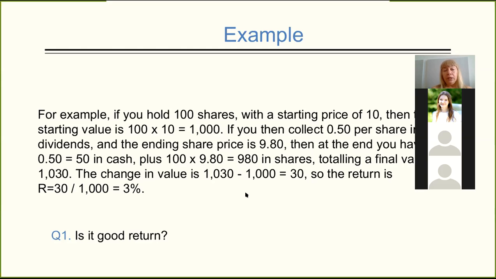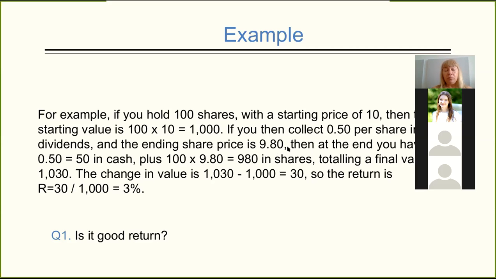If you then collect 0.5 per share as a dividend, and the ending share price is, for example, 9.80. Why this price? Because you know that the price of a stock fluctuates a lot, and this price can be more than the initial price 10 or less than the initial price.